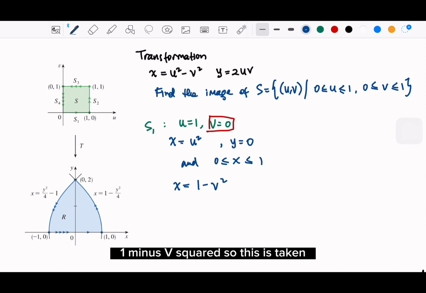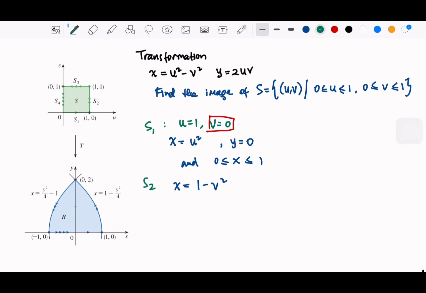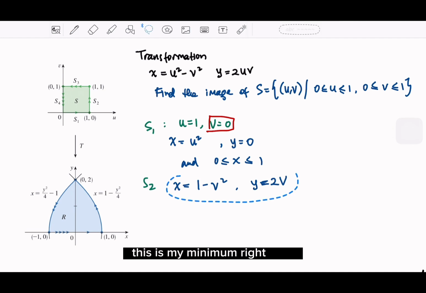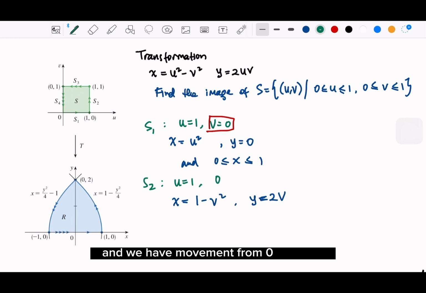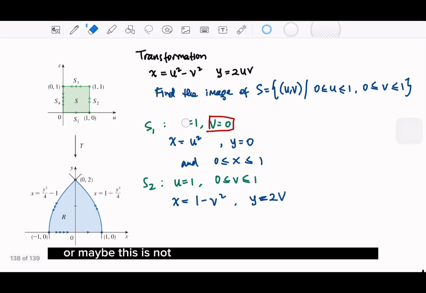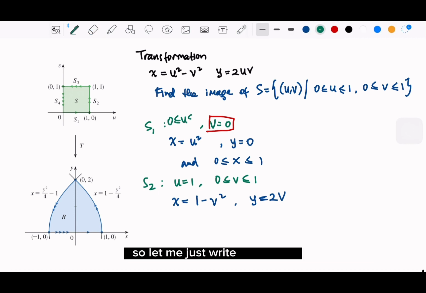Okay, so this is taken from S2. And then Y is 2V. This is, well, maybe let me write here. This is U is equal to 1. And we have movement from 0 to 1, right? Or maybe this is not 1. Okay? This is supposed to be moving, so let me just write it like that.